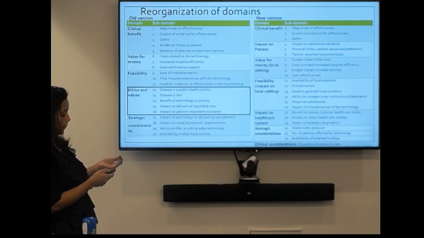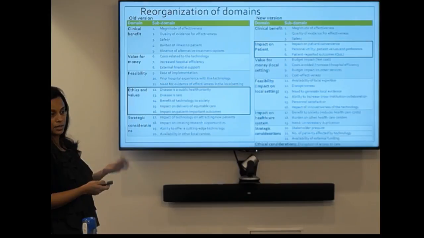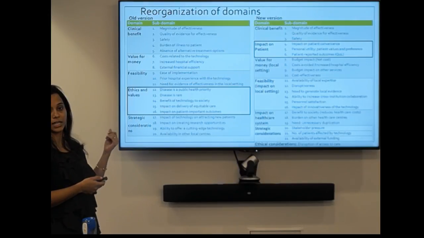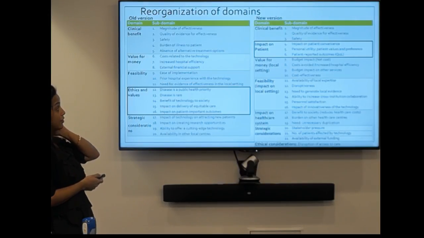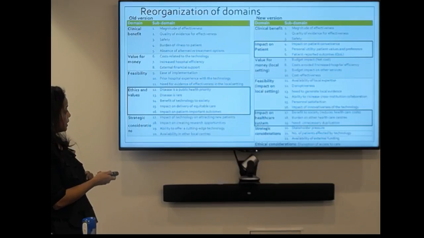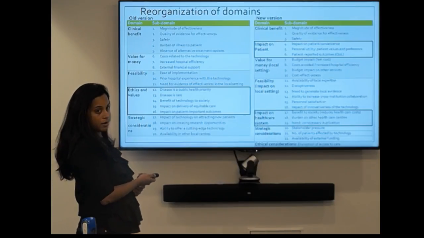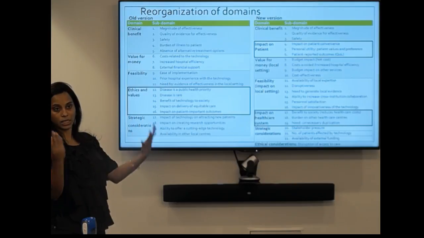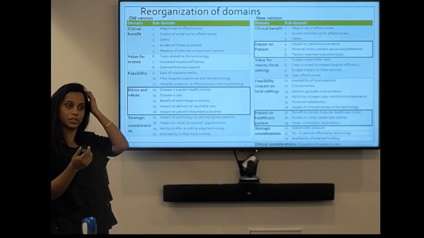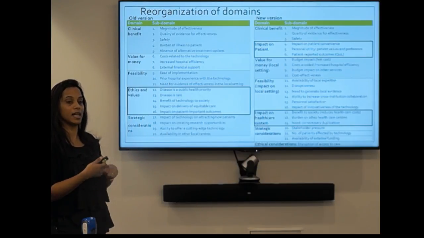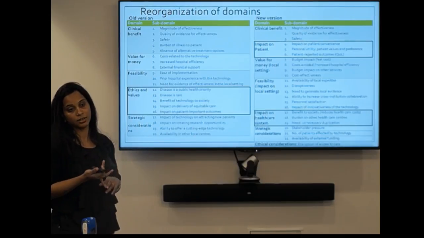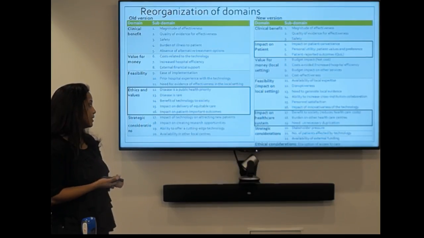For example, the impact on patient was something that was brought up many, many times, and so we created a separate category just for that. And we also created a category for impact on healthcare system because the hospital doesn't really work in a vacuum, and so any decisions made here do have repercussions on the healthcare system and on society in general.